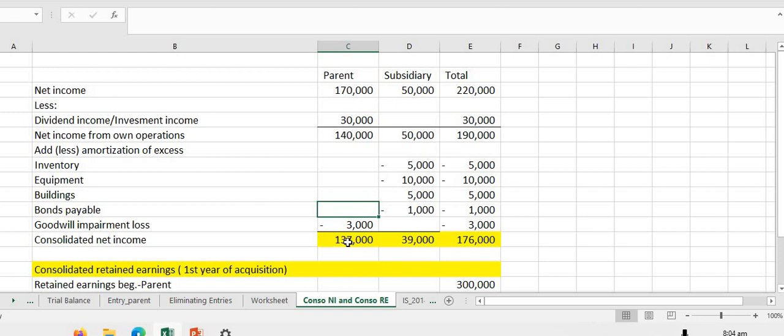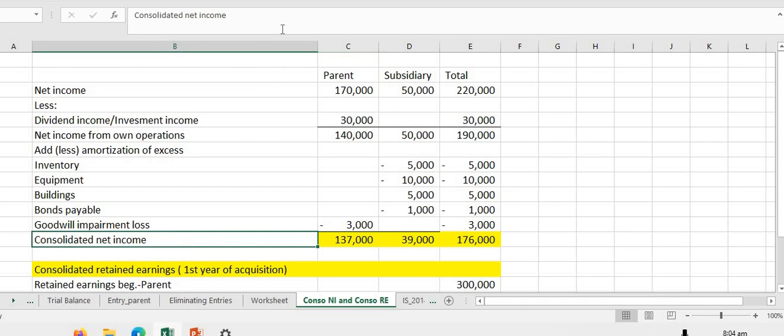Okay, so we have here the consolidated net income, no? So since this is actually already attributable to parent kasi all the net income naman of the subsidiary shall accrue to the parent. Kasi it's 100% acquisition. Okay, so walang non-controlling interest.